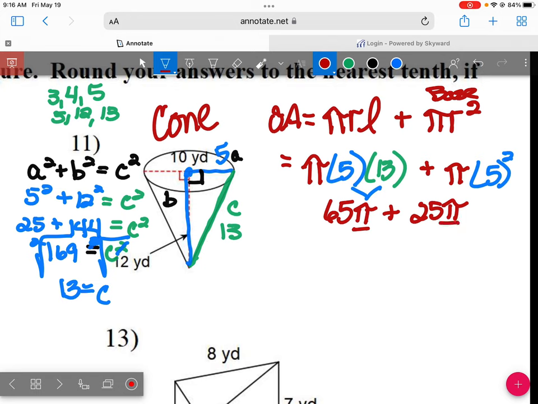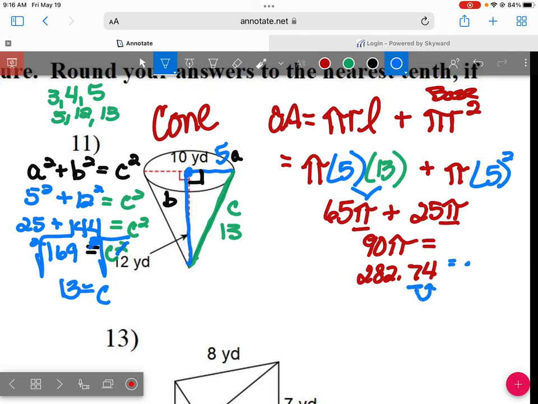So 65 pi plus 25 pi is going to be 90 pi. And 90 times pi, I did not do it that way on here. So does anybody want to put that on their calculators real quick? 90 times pi. 282.74, round to the nearest tenth.